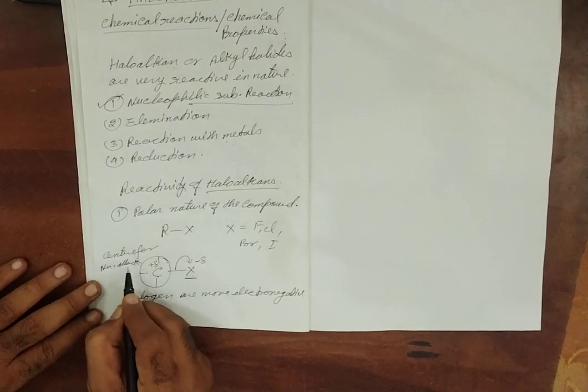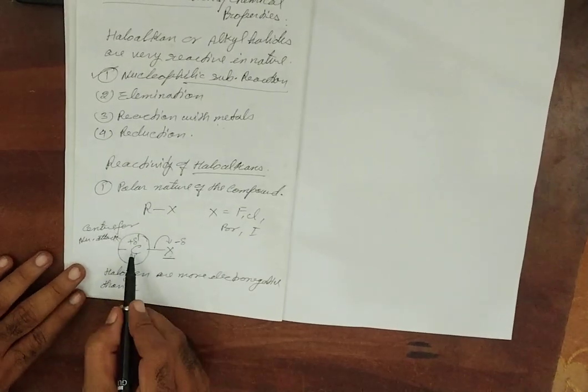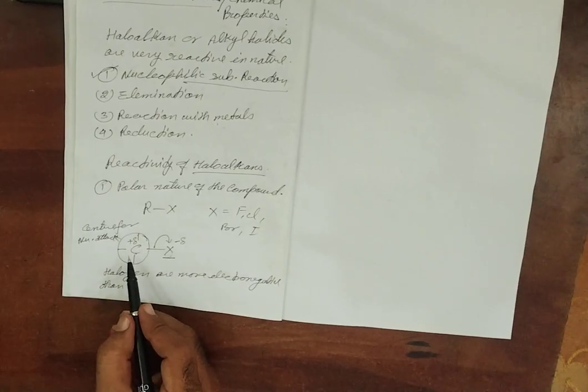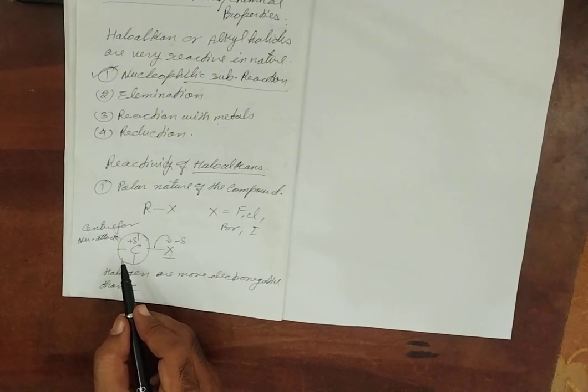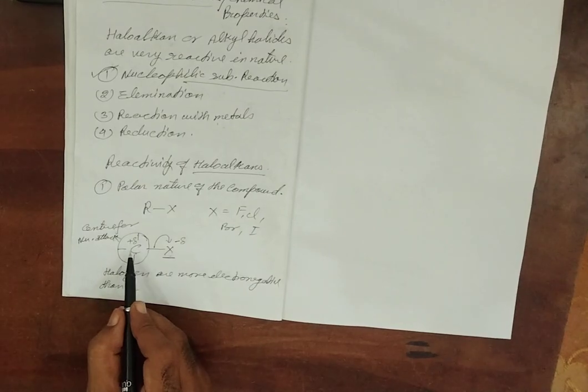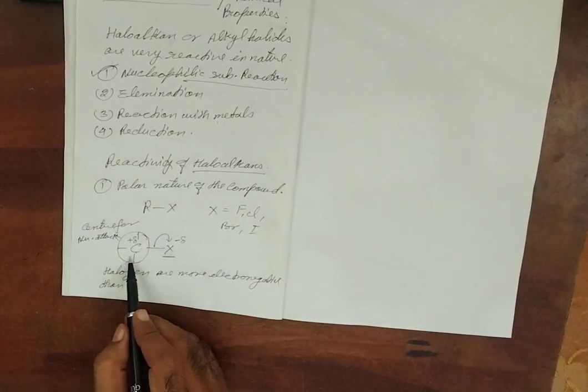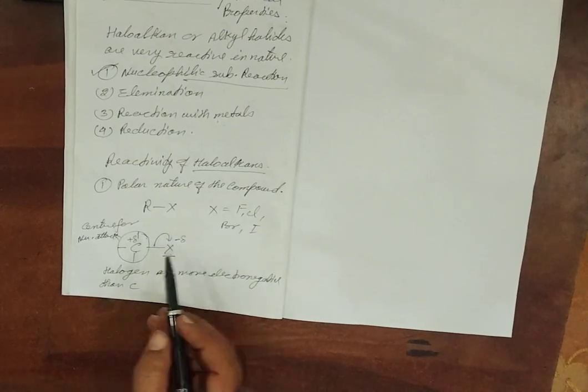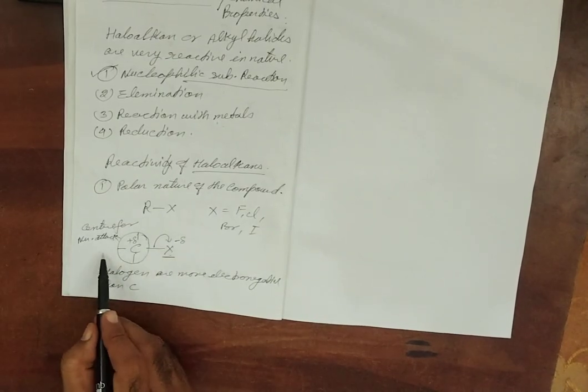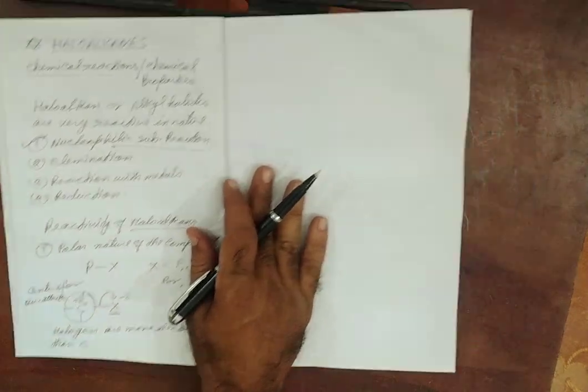So now since a positive charge develops at the carbon, it is a suitable site for the nucleophile to attack. That's why alkyl halides are very reactive in nature and very readily undergo nucleophilic substitution reaction.